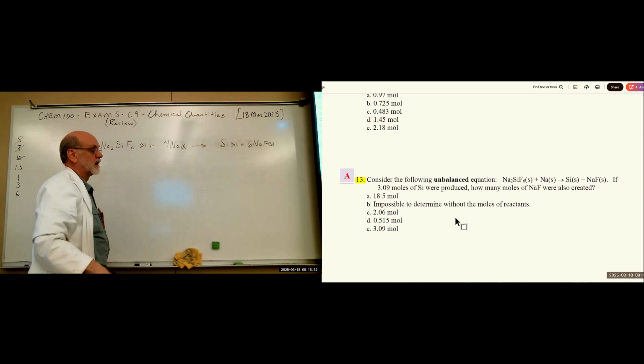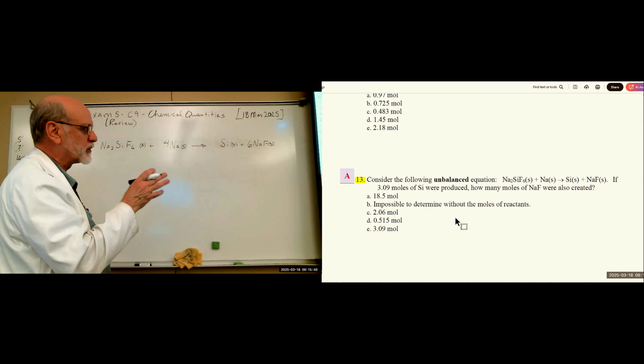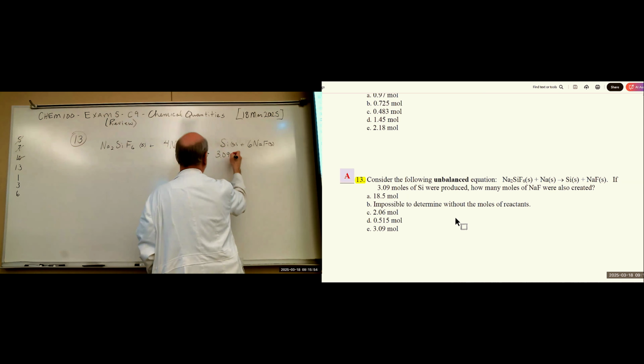Okay, we're given 3.09 moles of silicon were produced. How many moles of sodium fluoride were also created? Okay, so whatever we had over here has produced this many moles of silicon. How many moles of sodium fluoride?